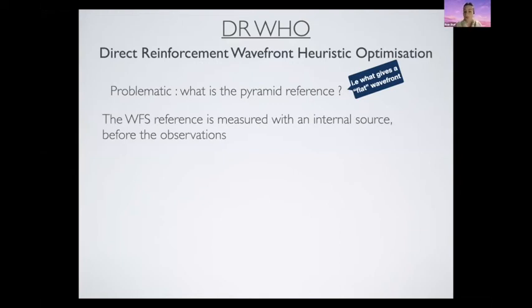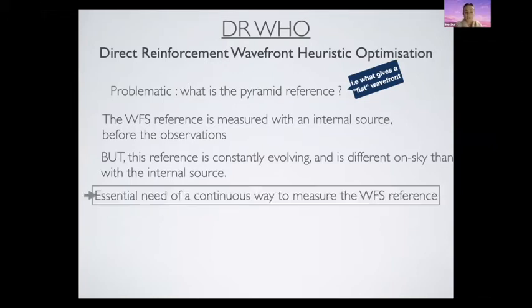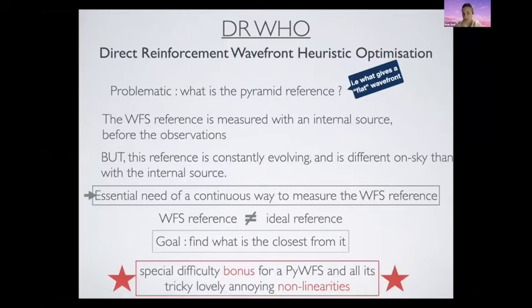So what happens during the observation is that we measure the wavefront sensor reference with an internal source before the observations, but this reference is constantly evolving and it's different on sky than with the internal source. So it's constantly changing, and it is essential to have a continuous way to measure the wavefront sensor reference, which is different from the ideal wavefront that we of course try to get as close to as we can.